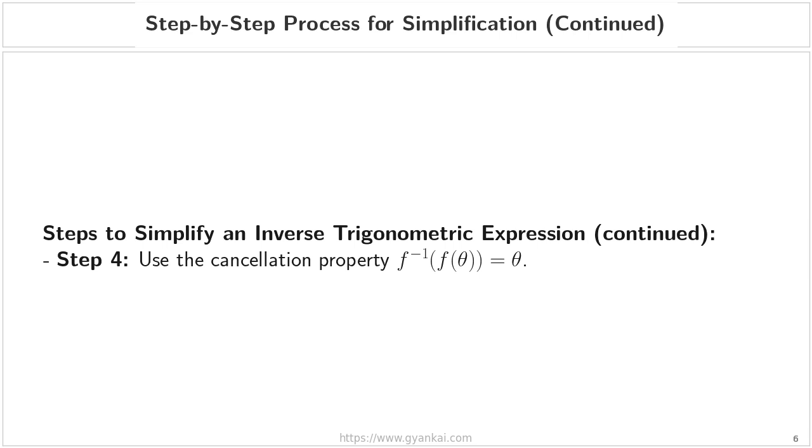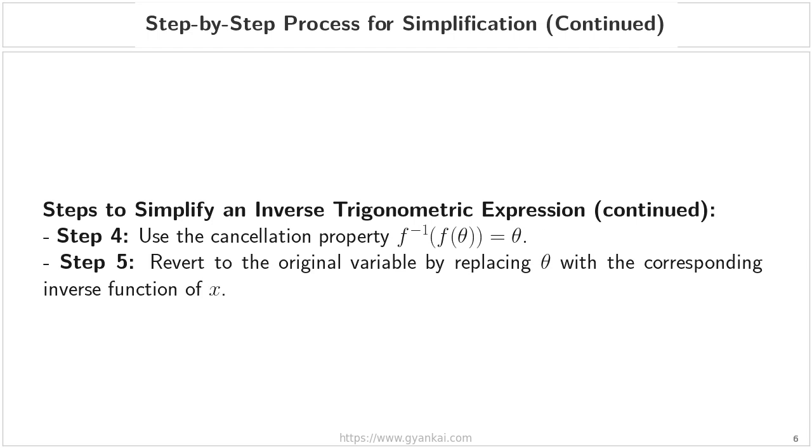Essentially, because the inverse function undoes the operation of the original function, they cancel each other out, leaving us with a much simpler expression. Once we have simplified the expression to a value involving theta, we move to step 5, which is to revert to the original variable. Remember, our goal is to simplify the expression in terms of x, not theta.